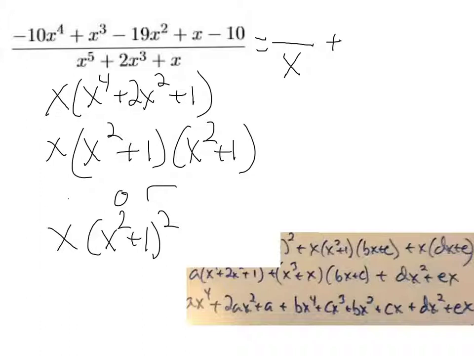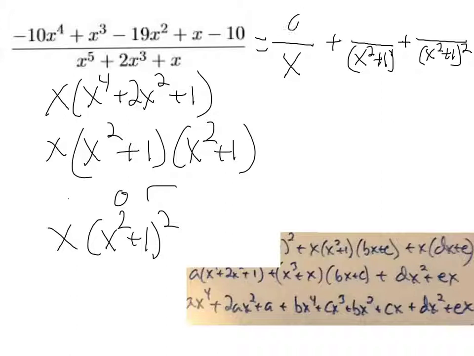The way you deal with those repeated factors, just like repeated linear factors, is I'm going to write the x squared plus 1, and then the x squared plus 1 squared. And if it were to the third power, I'd have to do that again.